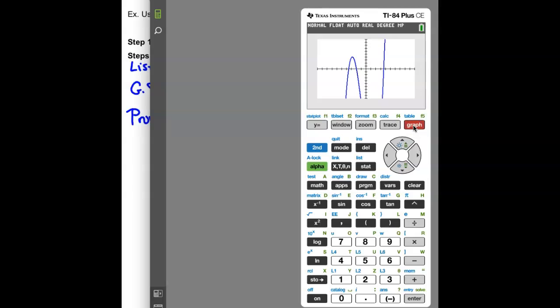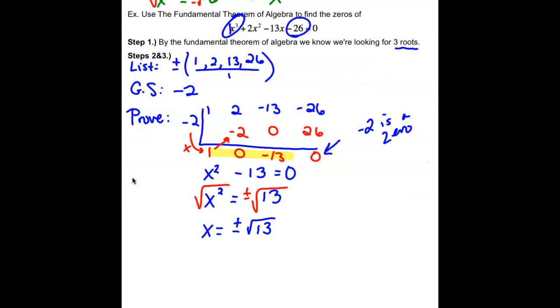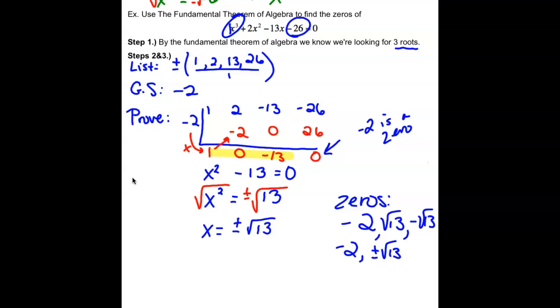So again, if we look at our graph, we're looking at a 3.6 here and a negative 3.6 there. Those are the other two real zeros. They're just not rational ones. And my list only contains the ones that are rational, that can be written as a fraction. So the zeros that I have found are negative 2, positive root 13, and negative root 13. And you can write that as plus minus root 13 if you want.